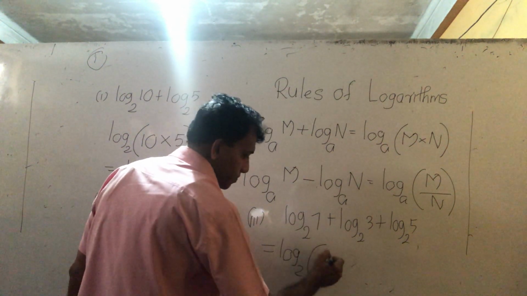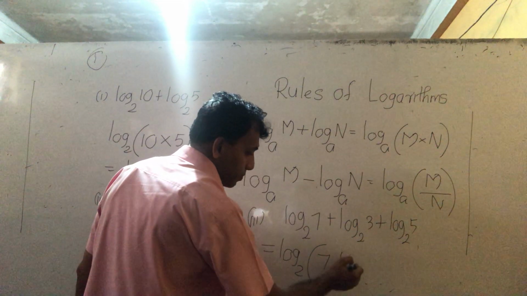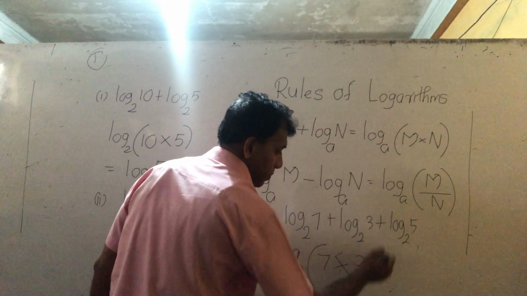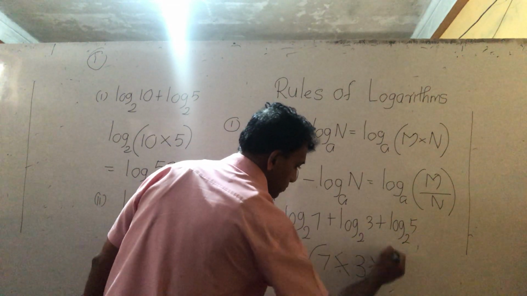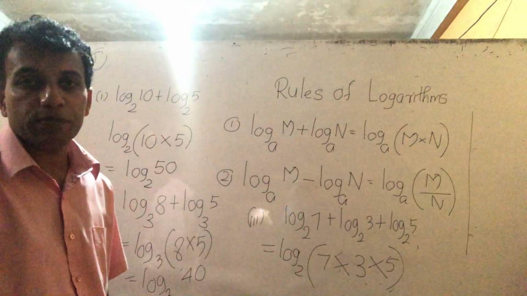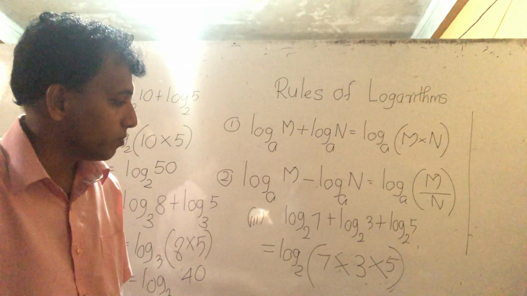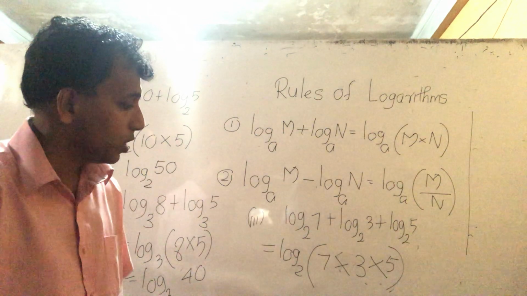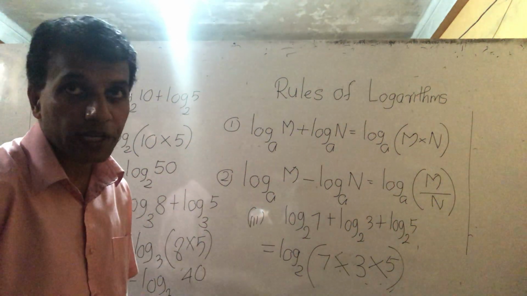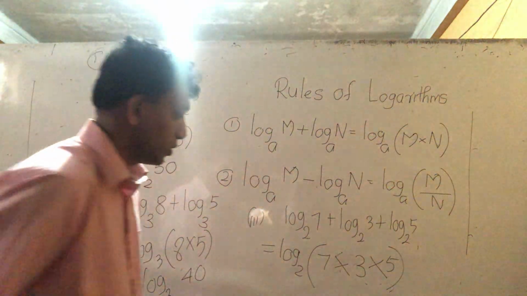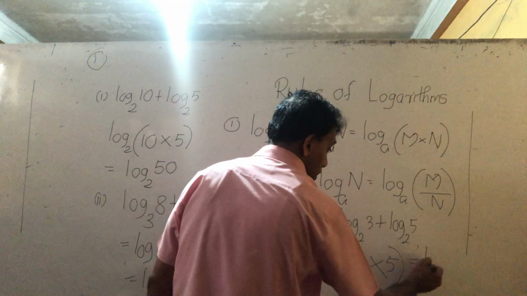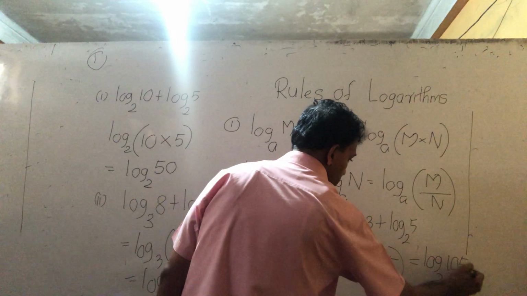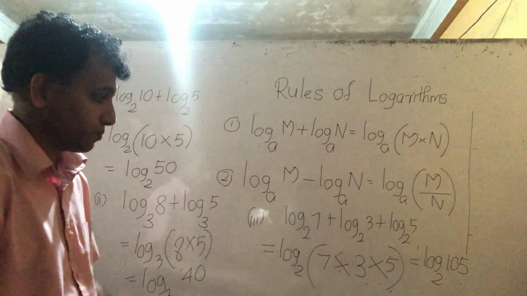Here 7, plus means multiply, 3. Here plus means multiply 5. Addition means multiply. So 5 times 3 is 15, 15 times 7. So 7 times 3 is 21, 21 times 5 is 105. So the answer is logarithm base 2, 105.